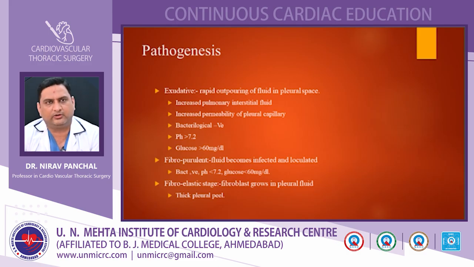If this loculated collection further persists, it ultimately gets converted into the fibroelastic stage, where there is ingrowth of fibroblasts from both the parietal and the visceral pleura, which forms a thick peel around the lung, causing entrapment of the lung and ultimately preventing lung expansion. So three different phases: exudative, fibropurulent, and fibroelastic.